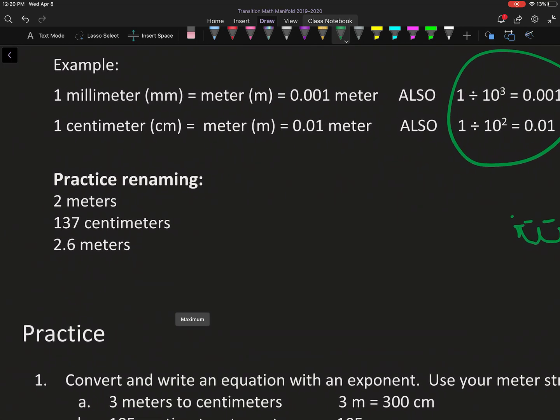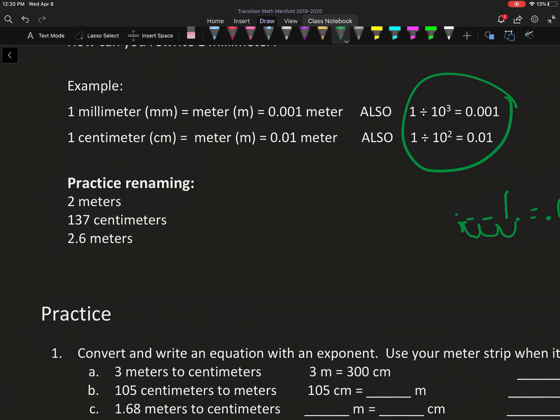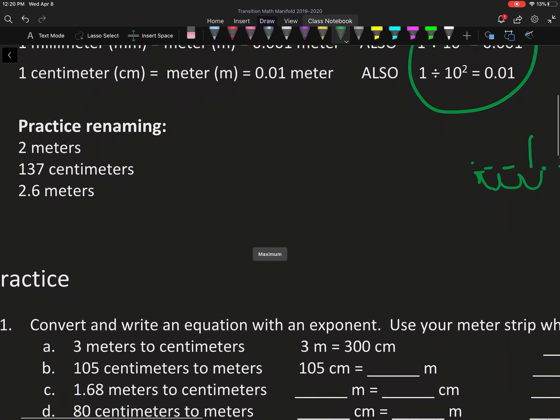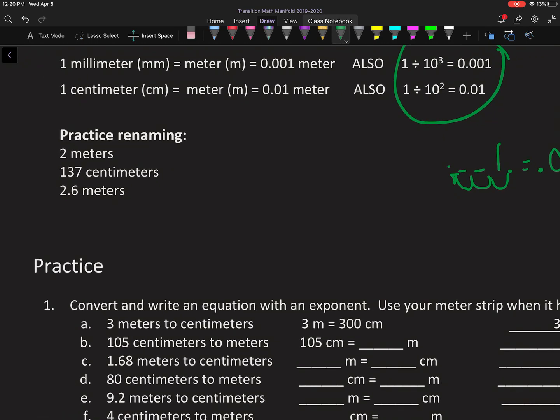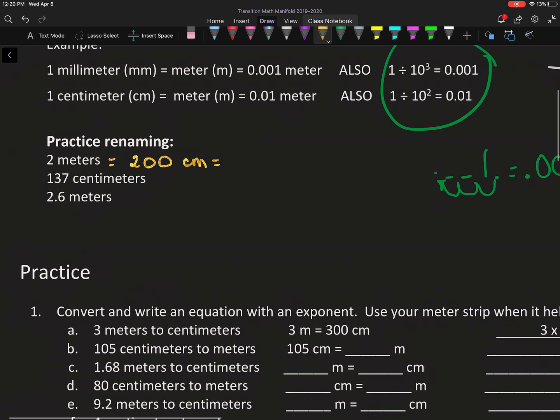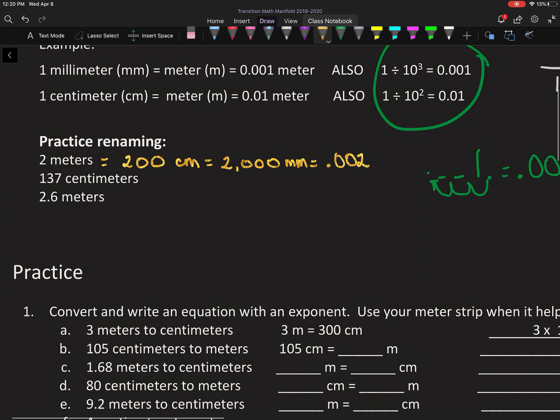Well, it's because we divided by 10 to the third power. So looking at practicing renaming 2 meters, 137 centimeters, and 2.6 meters, 2 meters can be rewritten as 200 centimeters. They mean the same thing, they just look different. It also would be the same then as 2,000 millimeters or 2/1000ths of a kilometer.